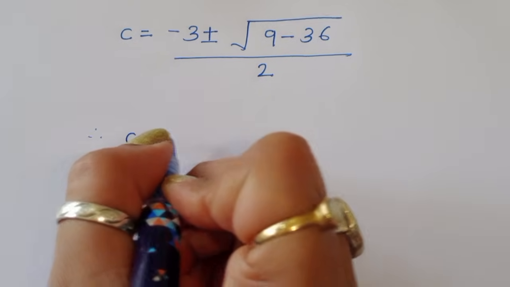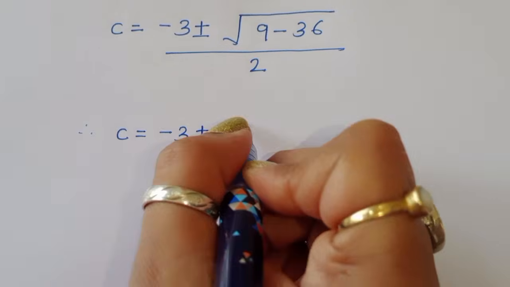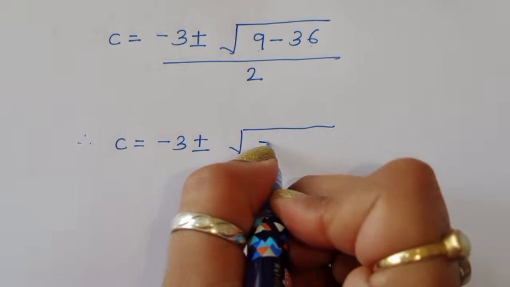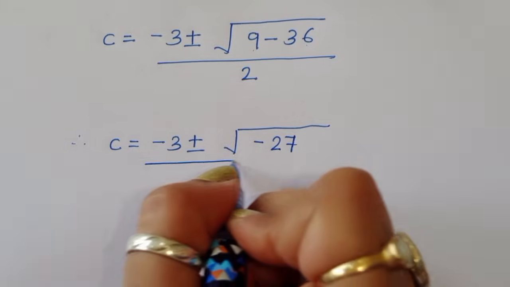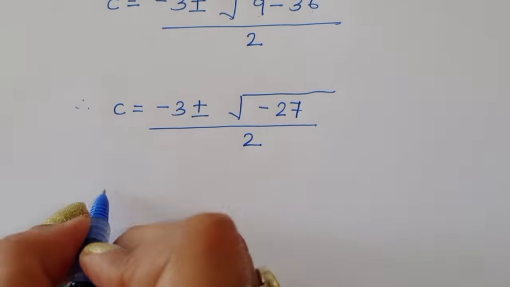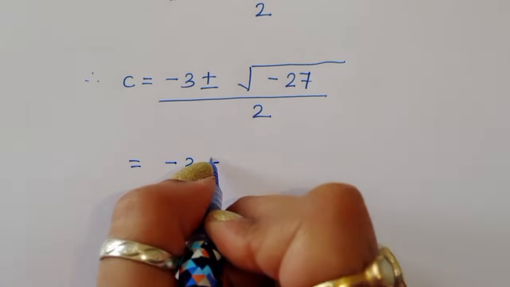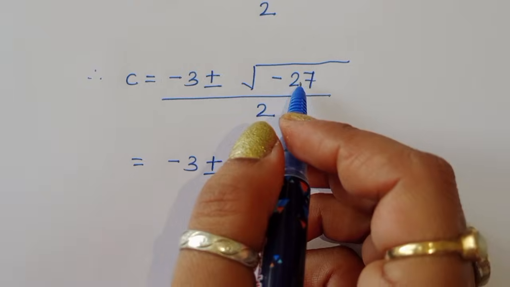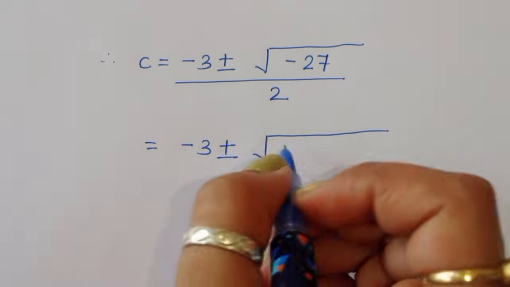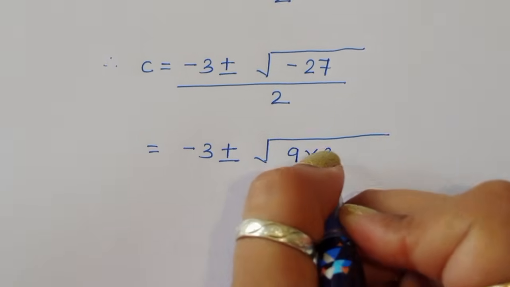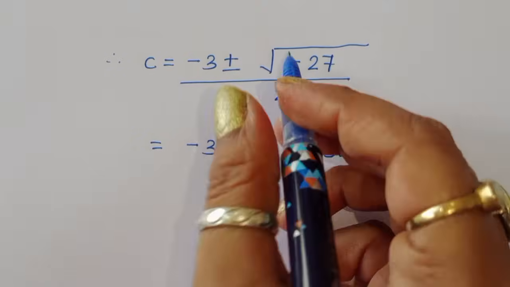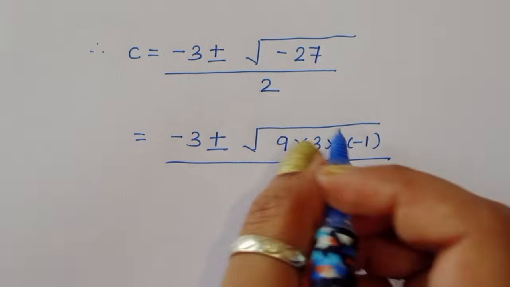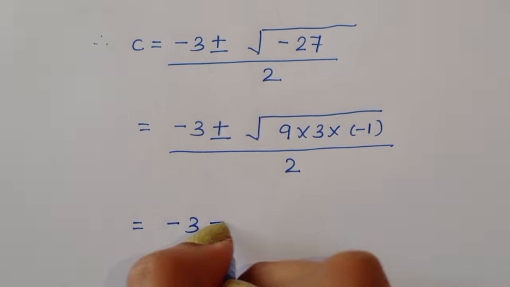Therefore c is equal to minus 3 plus minus, now square root of 9 minus 36. 9 minus 36 is minus 27, divided by 2, is equal to minus 3 plus minus square root of 27. Square root of 27 we can write as 9 times 3, 9 threes are 27, times minus 1, divided by 2, is equal to minus 3 plus minus.